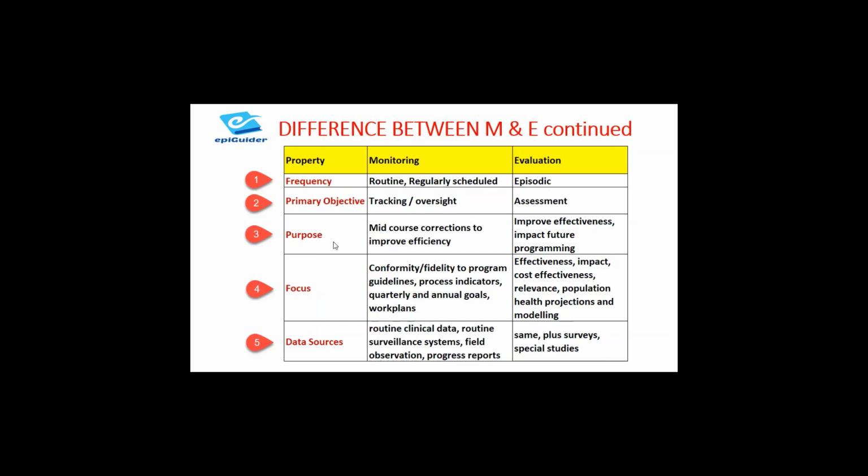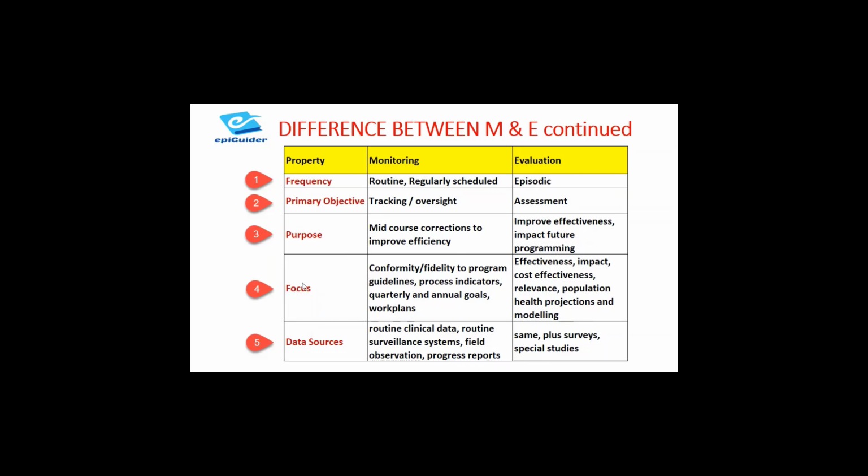The third is purpose. The purpose for monitoring is to have mid-course corrections to improve the efficiency of our programs, while the purpose for evaluation is to improve the effectiveness and to impact future programming of our projects.